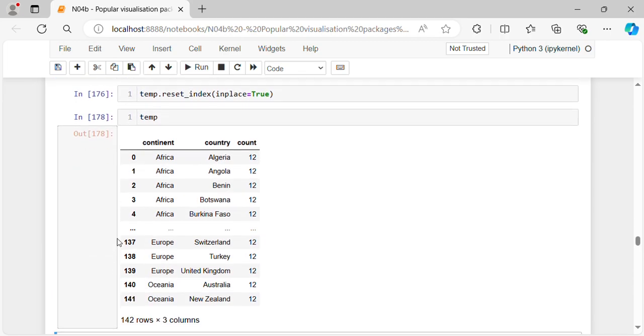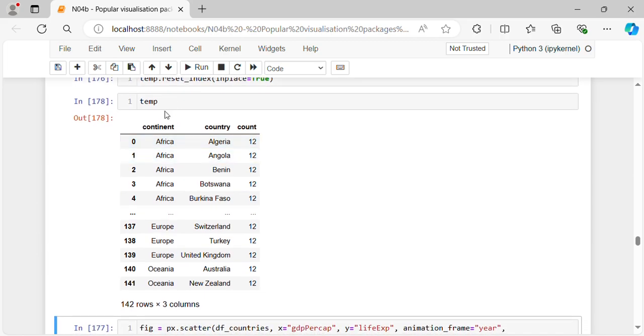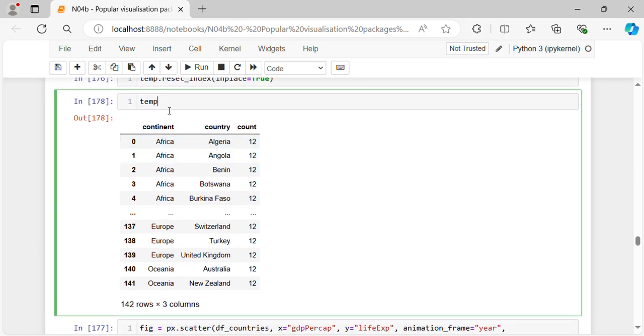Okay, so we have temp, we have reset the index. Now we want to subset from temp. We want to subset continent equal to Asia.